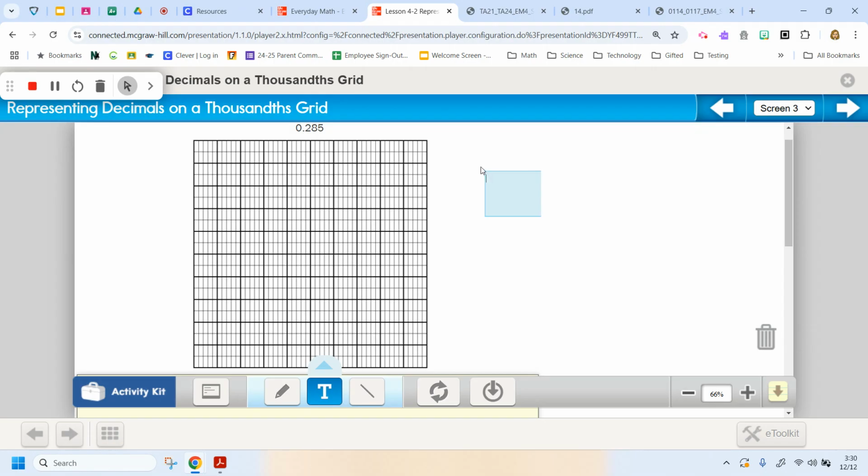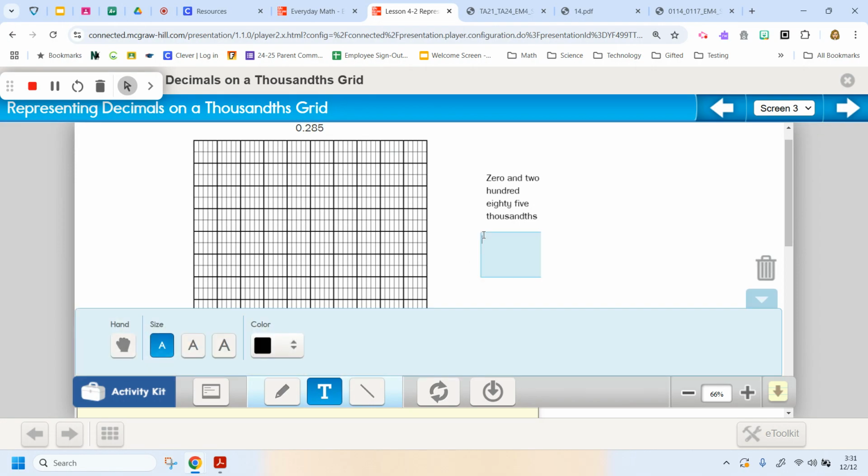How would we say that? We could call it 0 and 285. What place value does it end in? Thousandths. Right. Why does it keep disappearing on me?